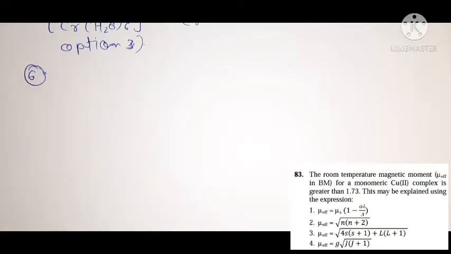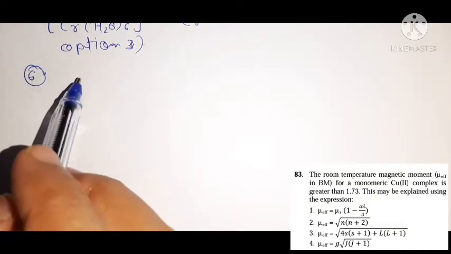Now friends, there is a concept behind the solution of this question, and the concept says when we are calculating a magnetic moment for any complex, and when the ground state of that complex is singly or doubly degenerate, there will be a different formula for finding magnetic moment for this complex. I can write this concept.